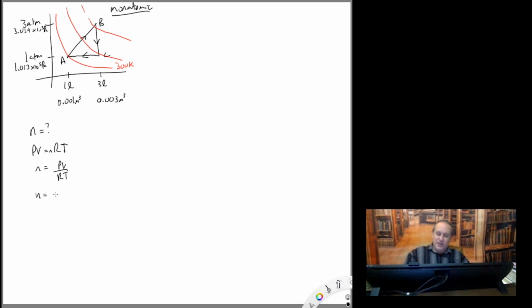And that's going to be, let's pick point A. So if we pick point A for P and V and T, as long as it's the same point for all 3, it should work just fine. So that's 1.013 times 10 to the 5th times 0.001 over 8.31 times 300.